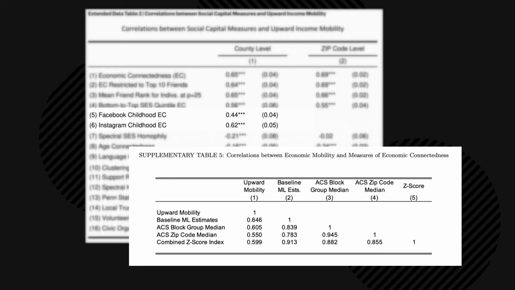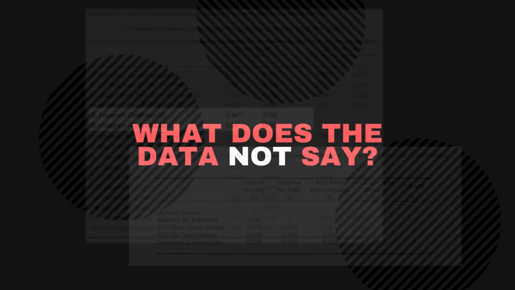And by collecting all this extra data, essentially what they're showing is that the patterns that they're seeing, namely that social networks are important for economic mobility, are not due to any particular quirk in how they happen to have measured things. Or put into science speak, they show that their analysis is hard to vary.